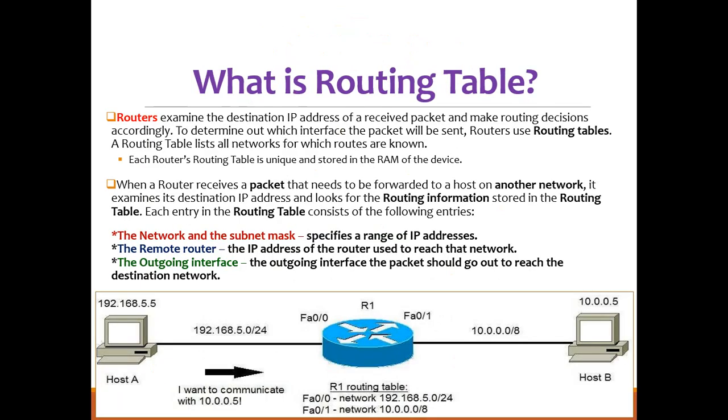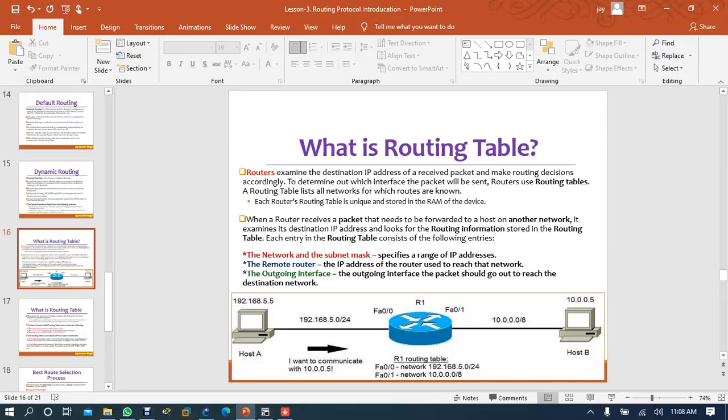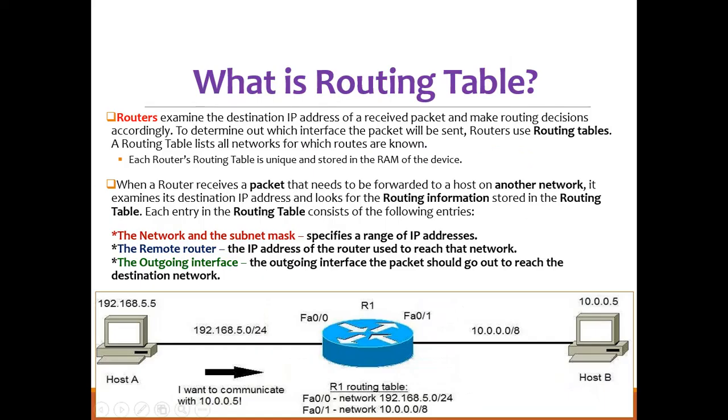Okay, now what is a routing table? So remember I told you the router makes the decision to forward the packets on the basis of the routing table, and the routing table is maintained on the basis of the metric, and the metric is maintained on the basis of the routing protocol you are using, right?